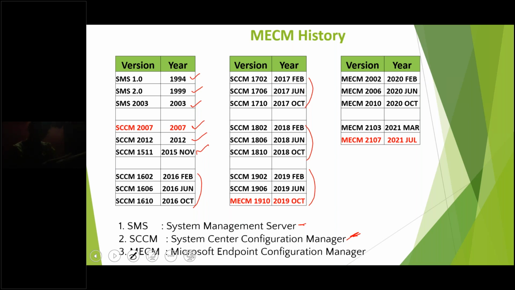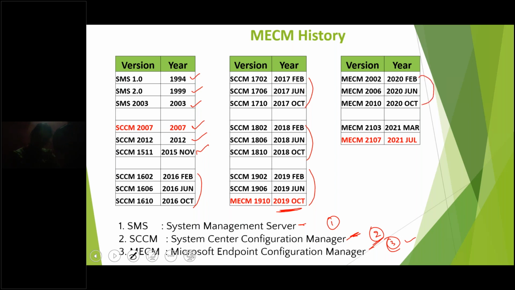But in October 2019, they changed the name again to MECM, Microsoft Endpoint Configuration Manager. The first name was SMS, the second name is SCCM, and the third name is MECM, Microsoft Endpoint Configuration Manager. That happened in October 2019.